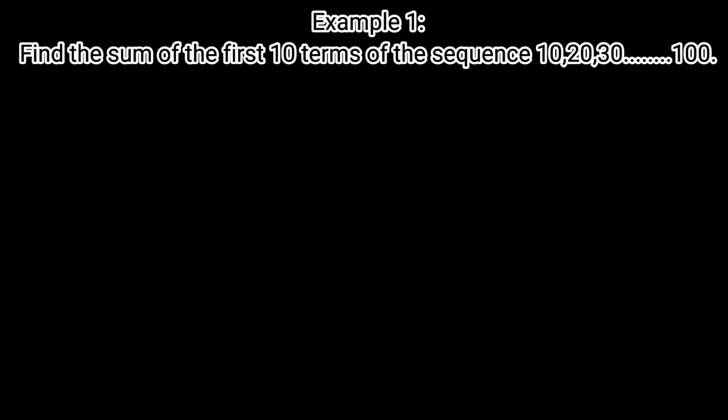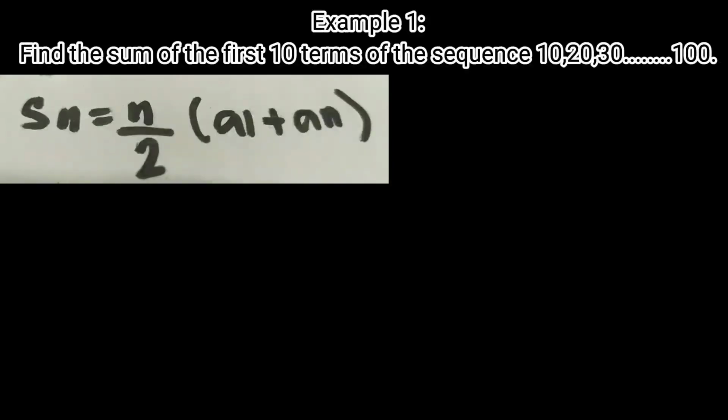Now back to our problem sequence. 10, 20, 30, up to 100. We're looking for the first 10 terms. We have here our formula. Sn is equal to n divided by 2 times a1 plus an. But remember guys, this formula is only used if the last term is given.